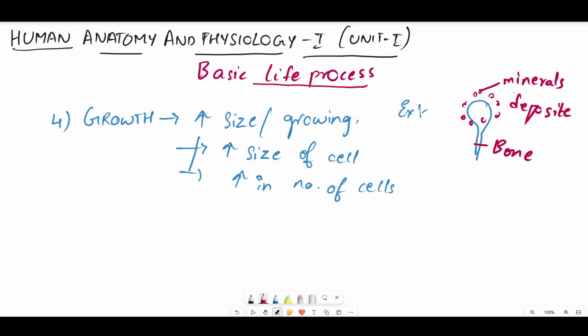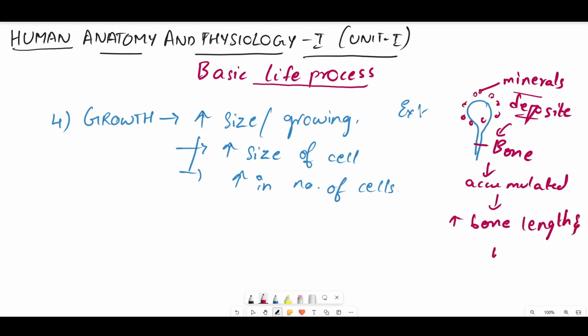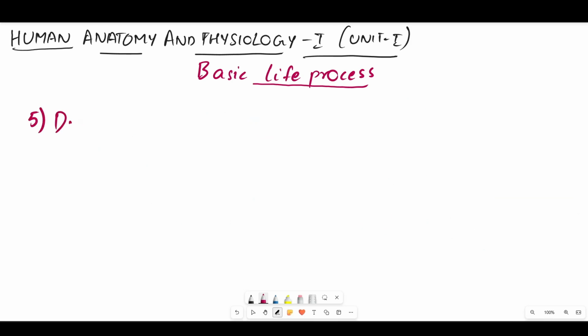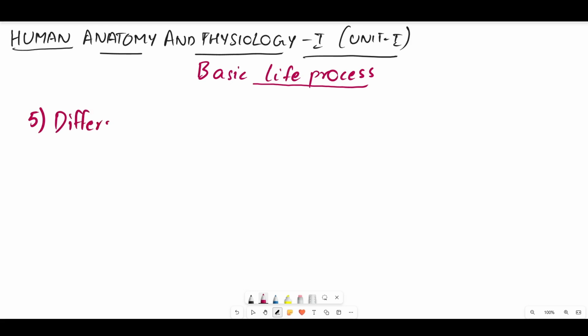When the minerals get deposited, they accumulate, and that leads to an increase in the bone, not only in length but the width also increases. So this is the example of growth.